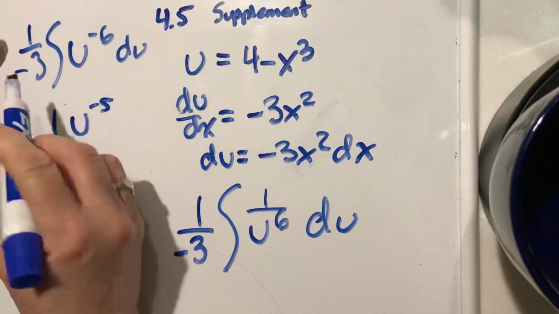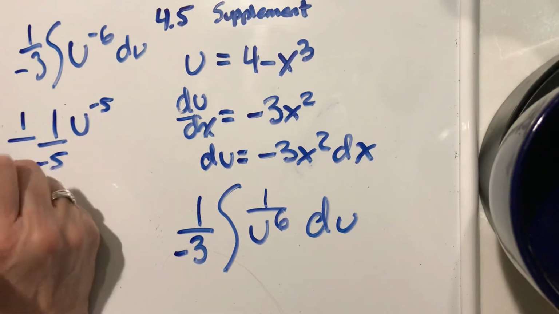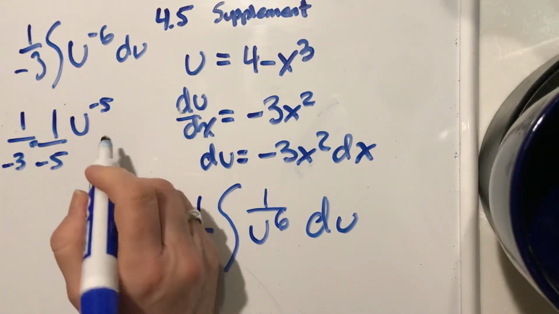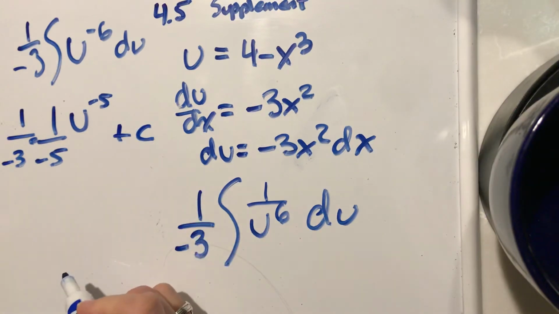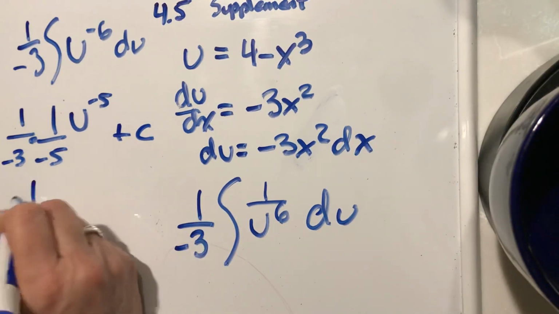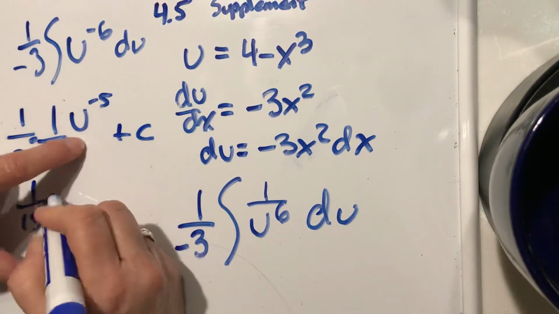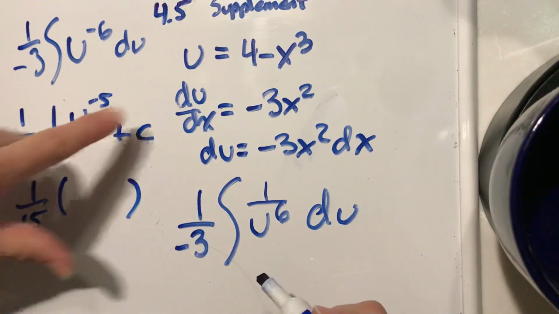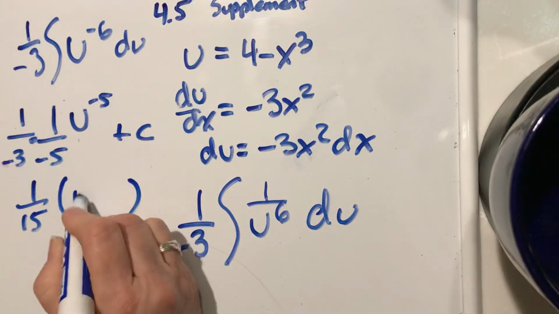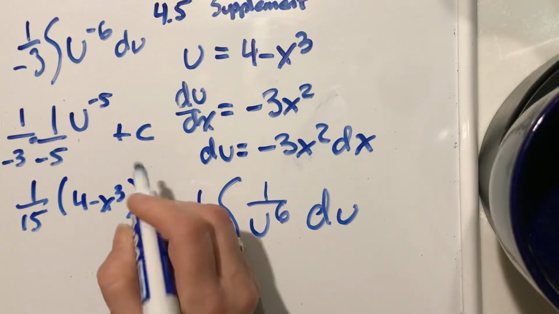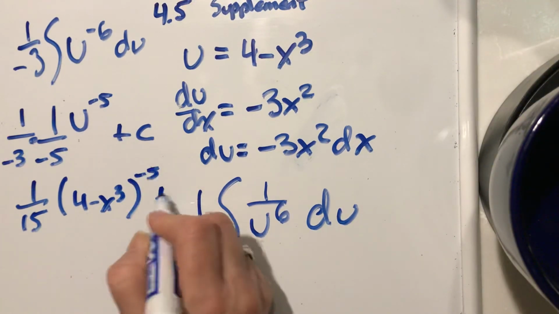And we're going to multiply it by this 1 over negative 3 plus c. Negative 3 times negative 5 is 15, so 1 over 15. We have to substitute back what u is, 4 minus x cubed to the negative 5 plus c.